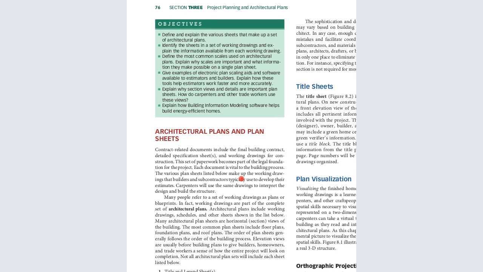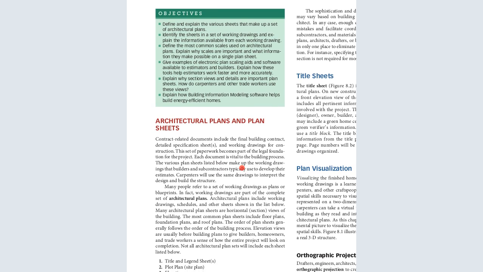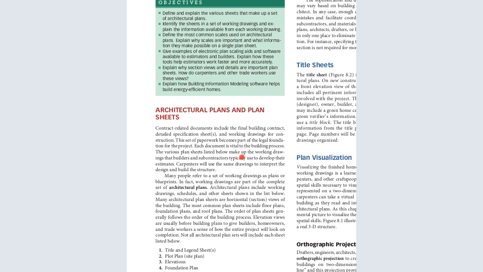Then define the most common scales used on architectural plans, explain why scales are important and what information they make possible on a single sheet plan. Give examples of electronic plan scaling aids and software available to estimators and builders.